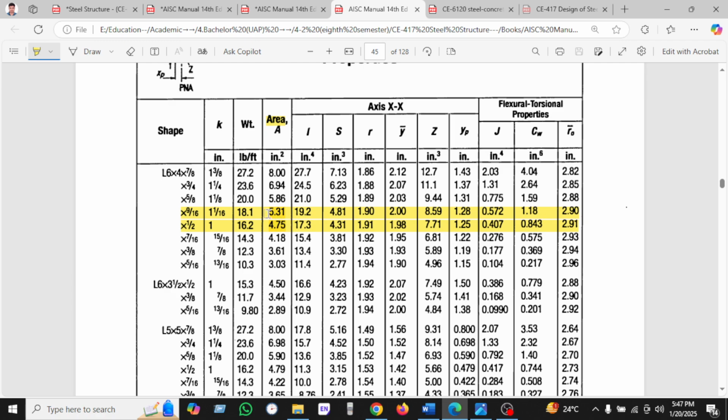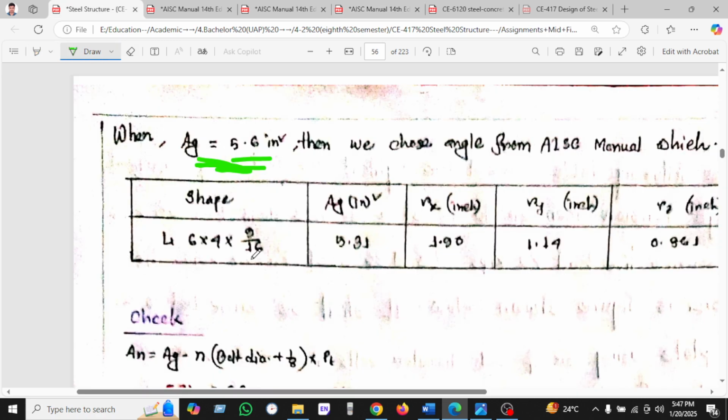So this Ag is 5.31. These are very close, so that's why we are taking the selection this way.